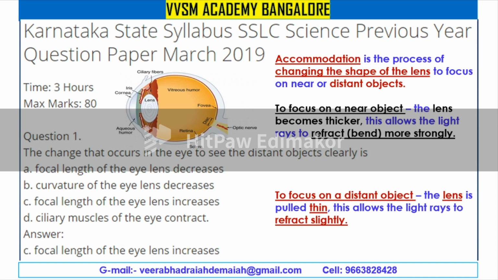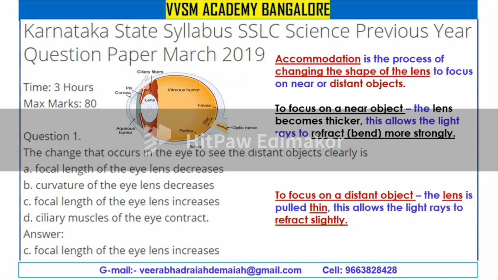To focus on a near object, the lens becomes thicker. This allows the light rays to refract, or bend, more strongly. To focus on a distant object, the lens is pulled thin. This allows the light rays to refract only slightly. Therefore, my dear friends, the lens is highly adjustable in nature.